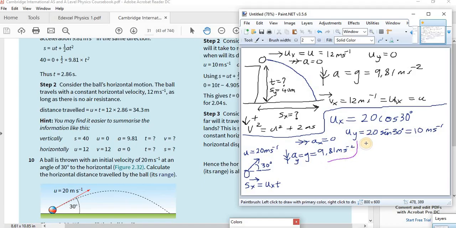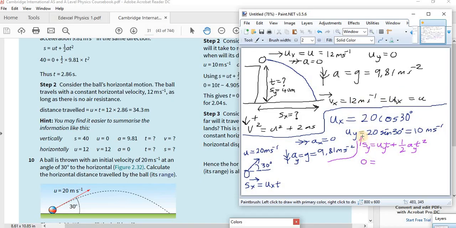So again we can use s is equal to ut plus half at squared, but this time we are using it in the vertical direction. I'll tell you why, because we need to find the time. So if you use it in the vertical direction, since it goes up and comes back to the same level, the displacement in the vertical direction will be 0, because it comes to the same level.